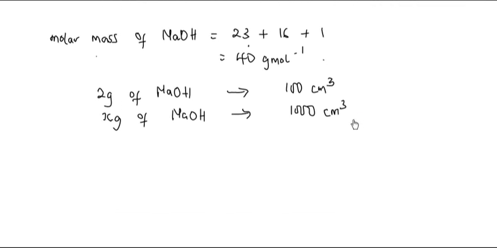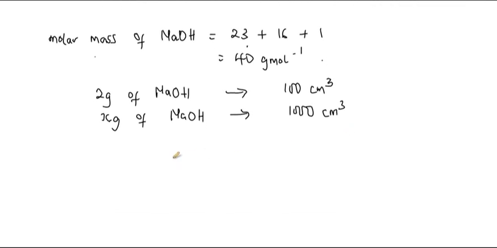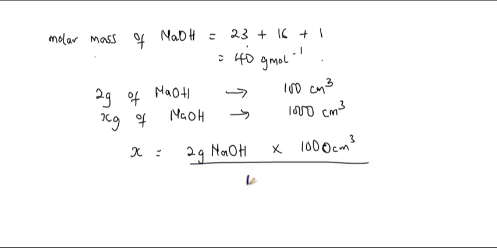We are doing this to get the mass concentration of sodium hydroxide. So here x equals 2 grams sodium hydroxide multiplied by 1000 cm³, divided by 100 cm³, which is equal to 20.